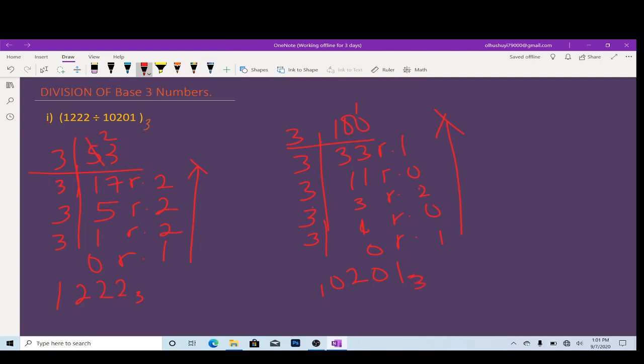So that's what you have. So eventually we are going to be having this: 1 2 2 2 upon 1 0 2 0 1, which was where we were coming from. Can you see that?